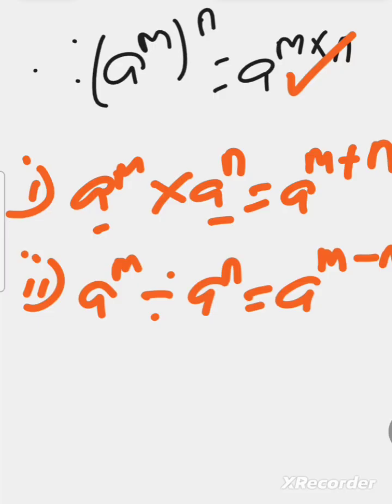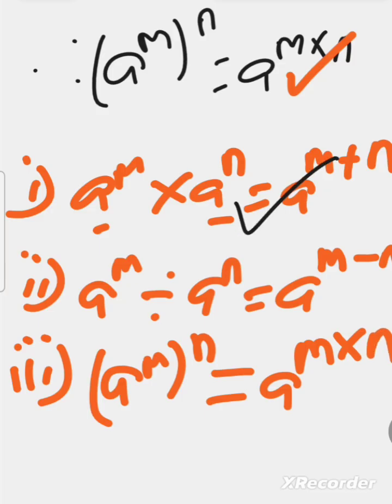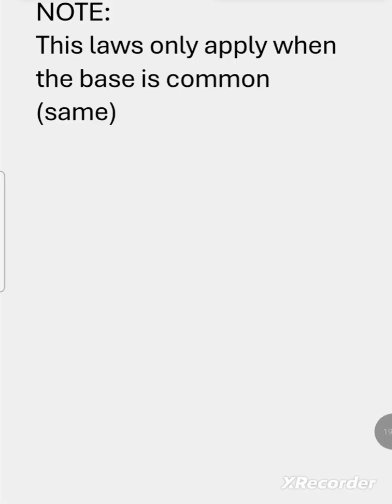And the third law of indices states that if you are given a power m raised to n, this will give us a power m multiplied by n. This is the first law, the second law, and the third law of indices.